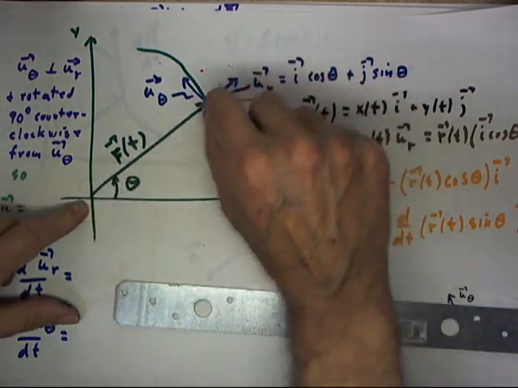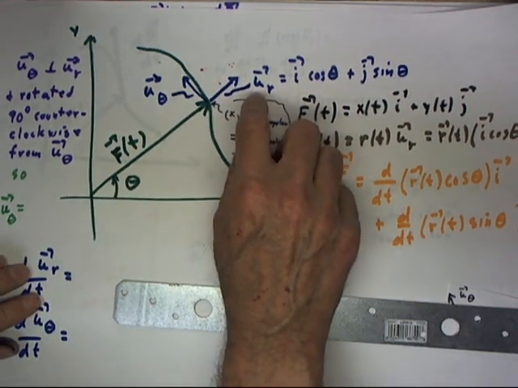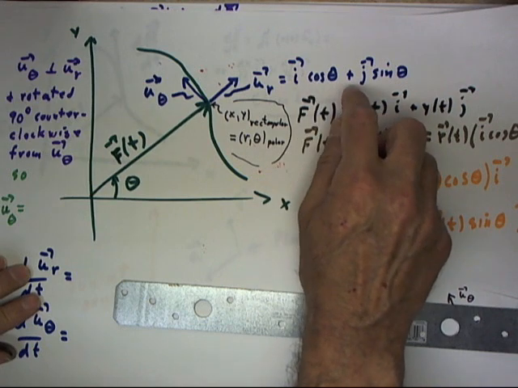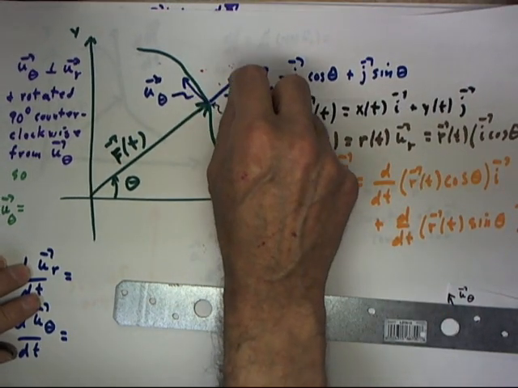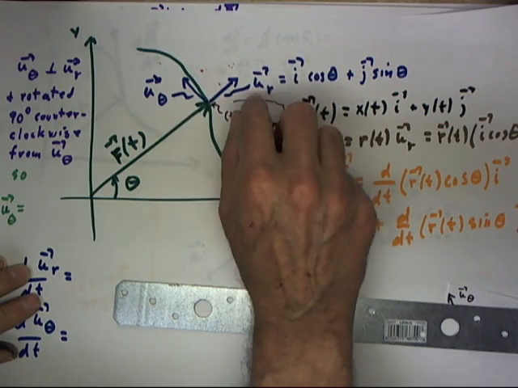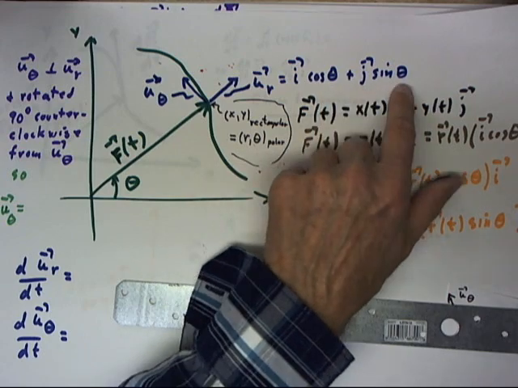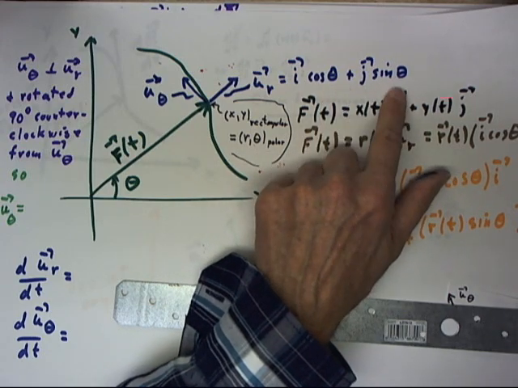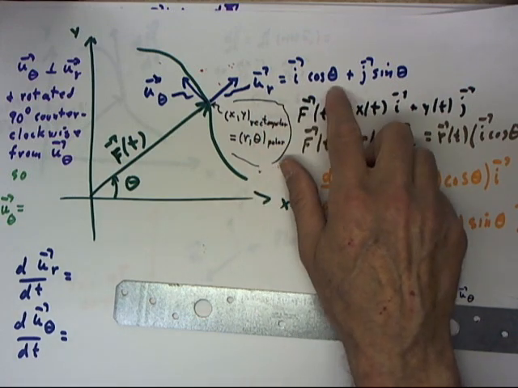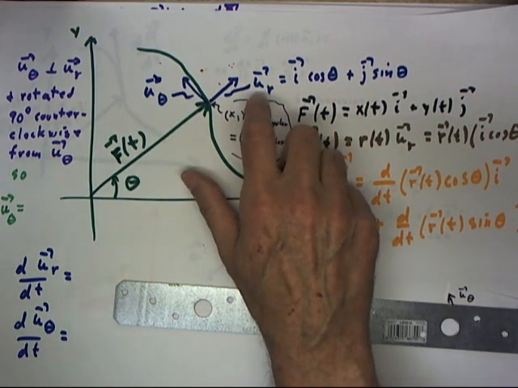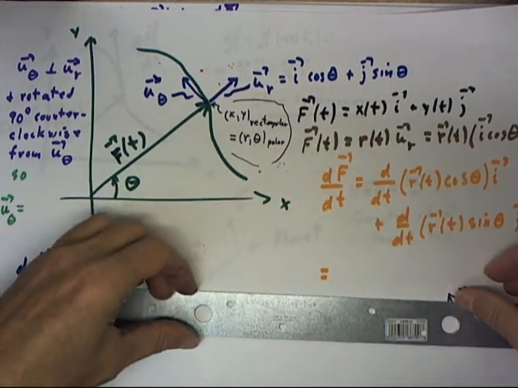That means it's straight away from the origin, so if this angle here is theta, our u r vector is just i cosine theta plus j sine theta. i cosine theta in this direction, j sine theta in this direction, adds up to give us the vector u sub r. Now, theta might be changing with respect to time, so that this u r vector is a function of time, but it's a vector that the moving point carries along with it.